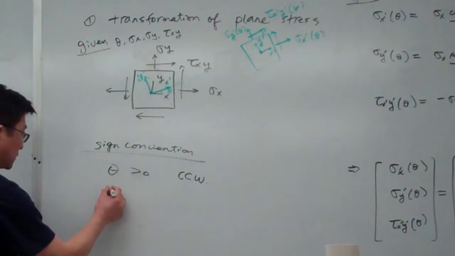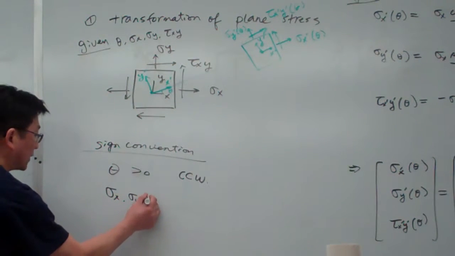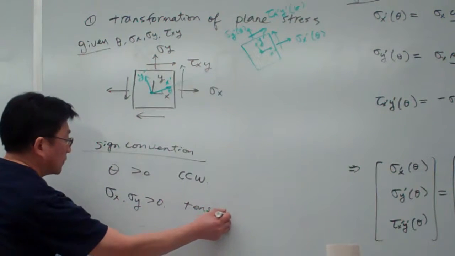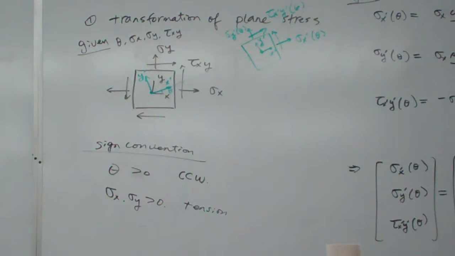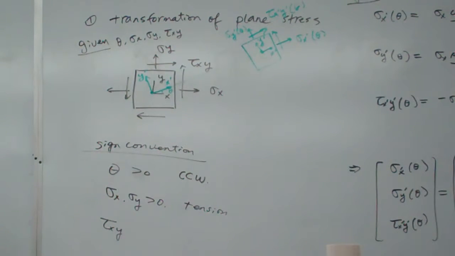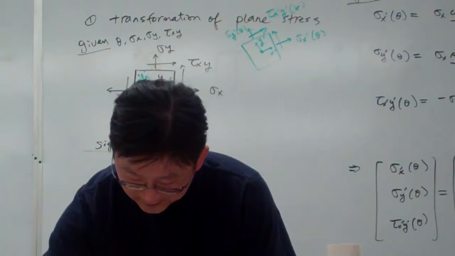For sigma x or sigma y, they are positive when they are in tension, otherwise they should be negative. And for tau xy, the positive and negative should be in this way. I forgot, let me check.